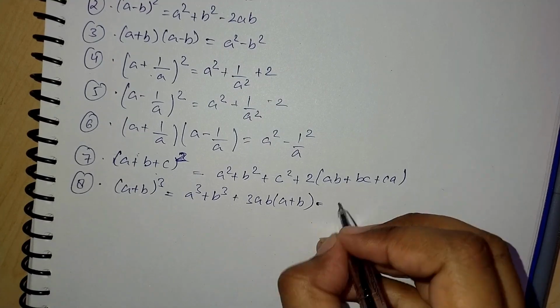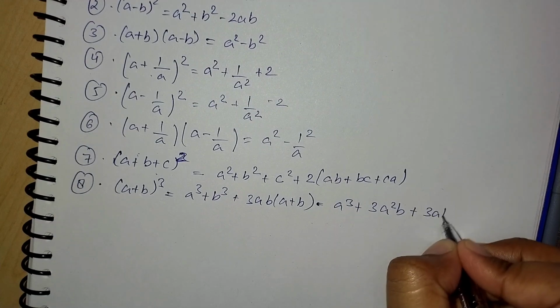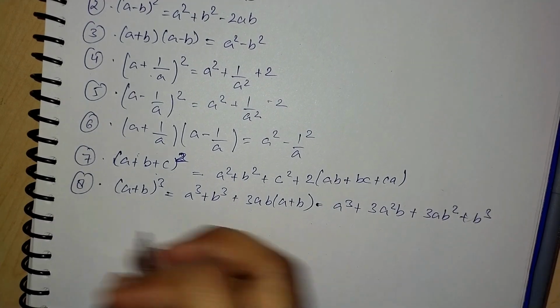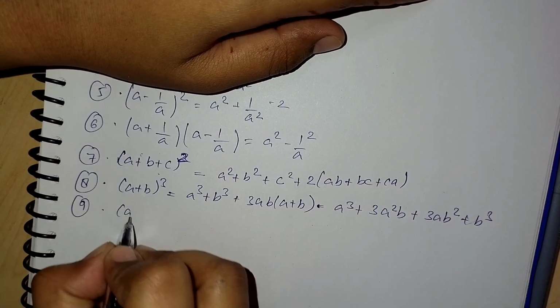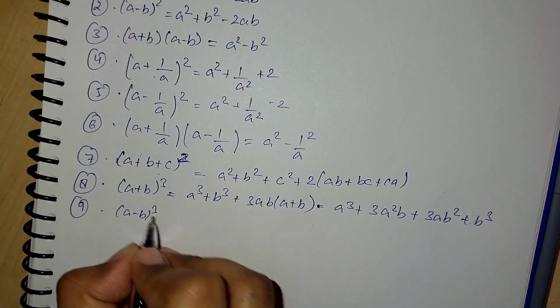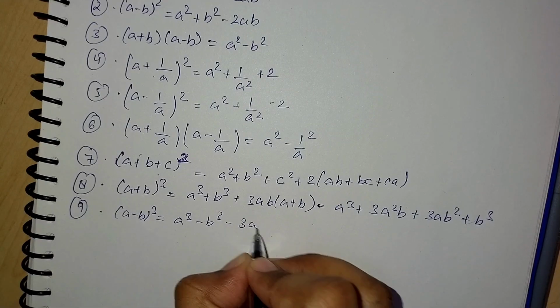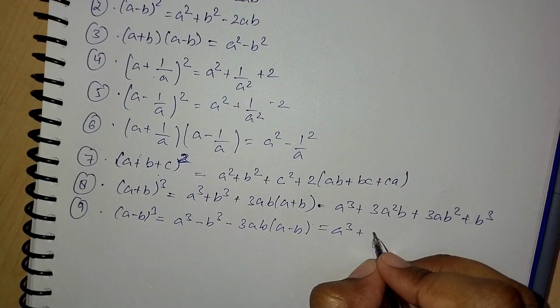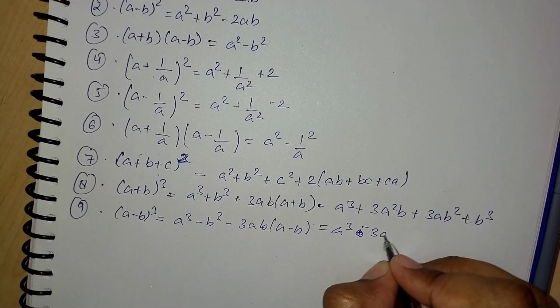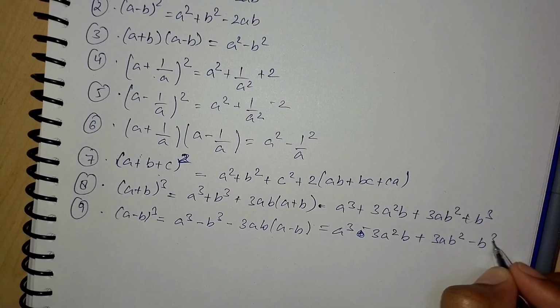On opening this bracket, we will get a cube plus 3a square b plus 3ab square plus b cube. Now the same in minus, we will get (a minus b) whole cube equal to a cube minus b cube minus 3ab times (a minus b), which is a cube minus 3a square b plus 3ab square minus b cube.